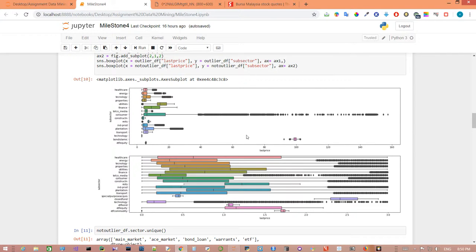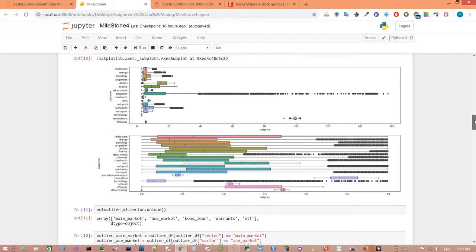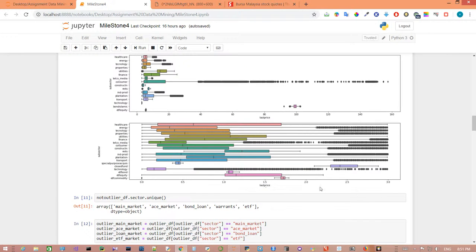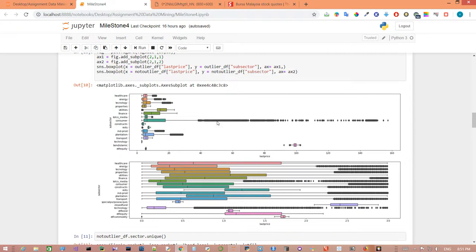What this means, sometimes outliers come from errors, which we can get rid of, but sometimes they provide valuable information to us, which is the case here. Here the last price of the stock, the maximum value is about 3 units, and most of the companies will be categorized to this part, but this is the outlier.